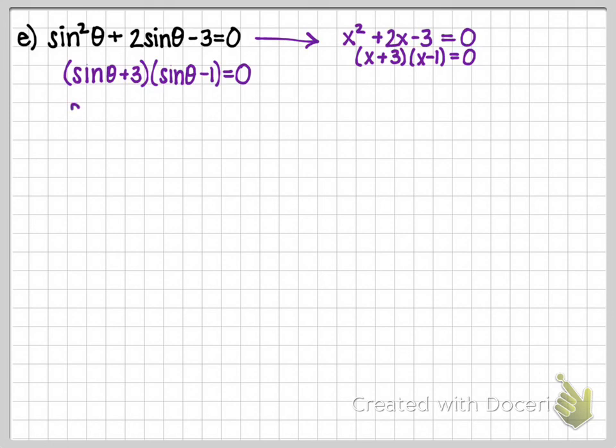So then, we'll set these guys equal to 0. Sine of theta plus 3 equals 0. Sine of theta minus 1 equals 0. So we'll subtract 3. Sine of theta equals negative 3.